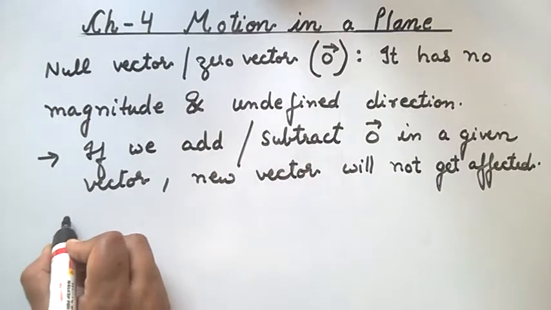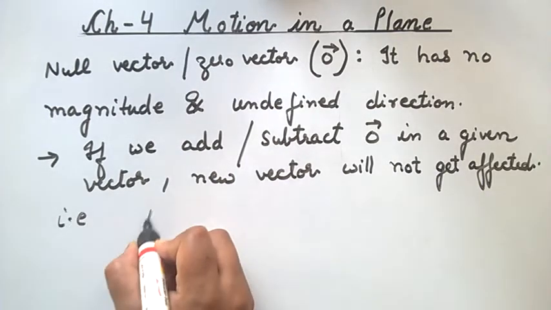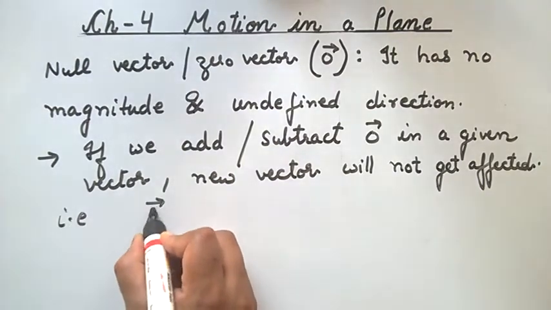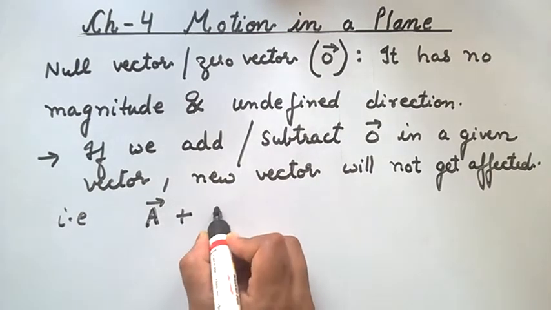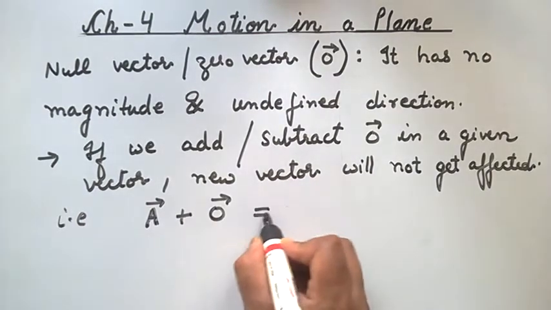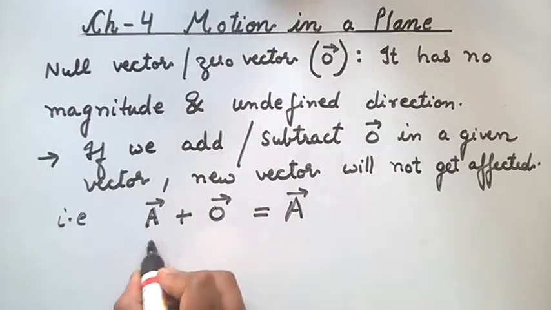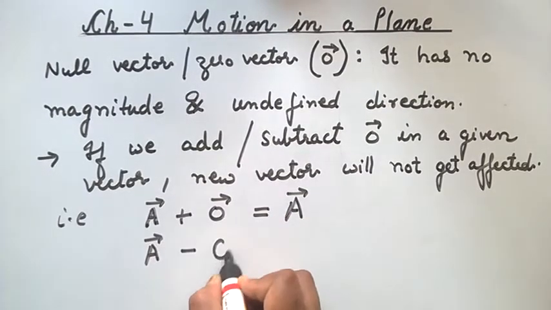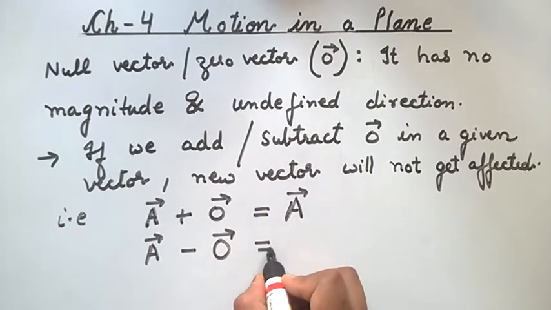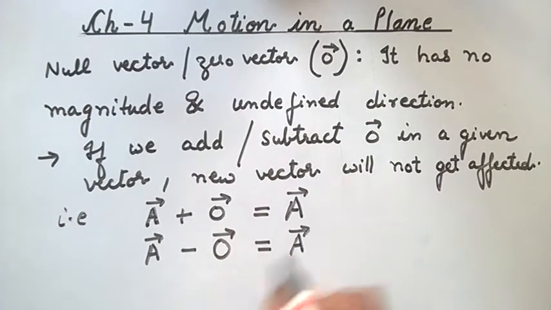That is, let A vector plus 0 vector, it gives A vector only. A vector, subtract 0 vector from it, we get A vector itself.